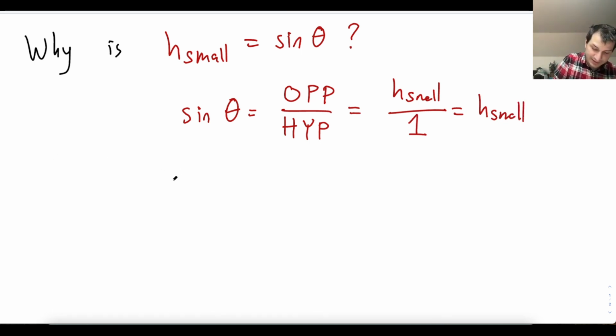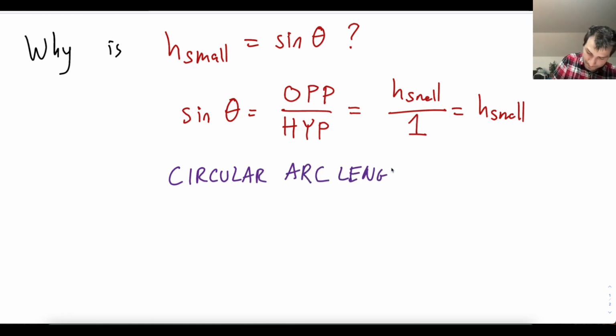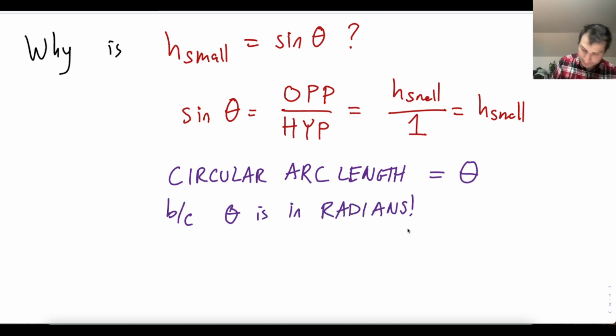The other fact is that the arc length, let's call this the circular arc length, is equal to theta, and this is because theta is in radians. So now we've shown that h small is sine theta and the arc length is theta.